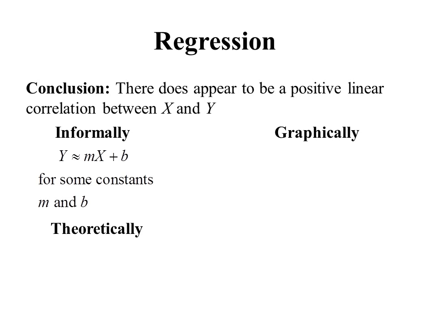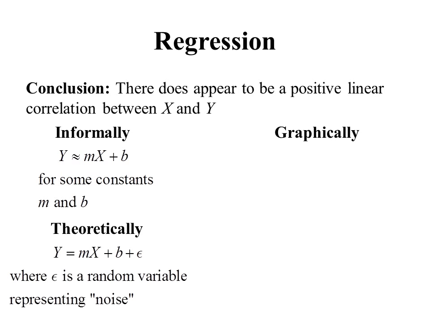So informally, it means that the random variable y is approximately equal to mx plus b, where m and b are some constants that I don't know, and we'll try to estimate those using our data. In more theoretical terms, instead of saying that y is approximately equal to mx plus b, we're going to say that y equals mx plus b plus some noise.